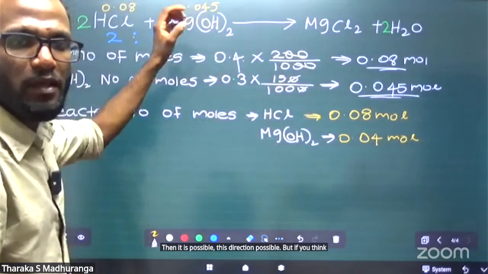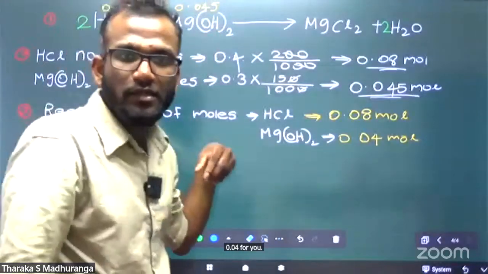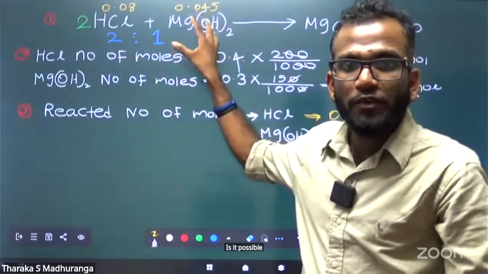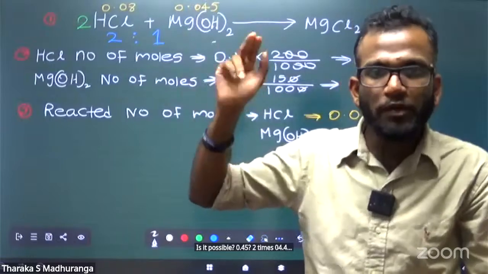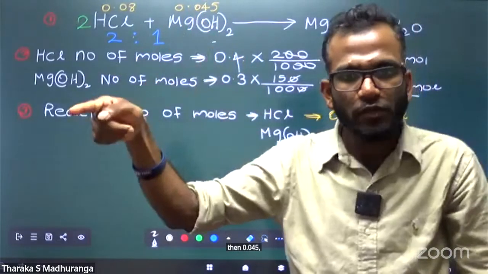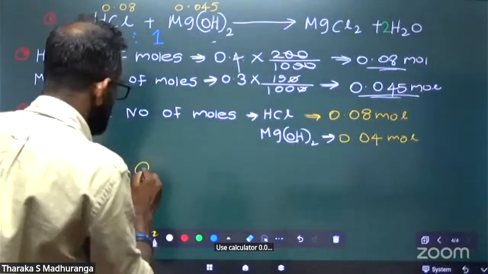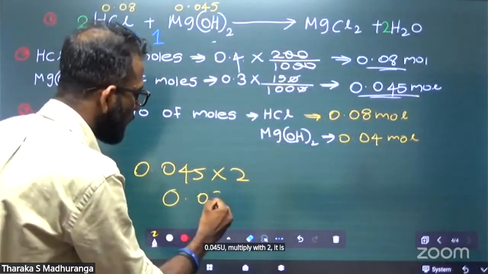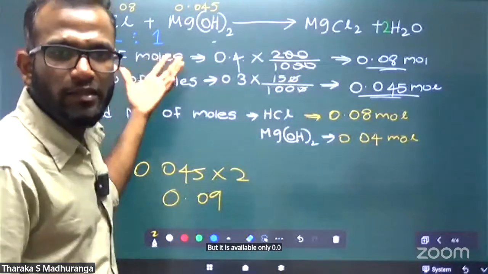But if you think in this direction, 0.045 all reacted, is it possible? It needs 2 times 0.045. Then multiply 0.045 with 2. Use a calculator. It is 0.09, right? But only 0.08 is available. Then it is not possible.